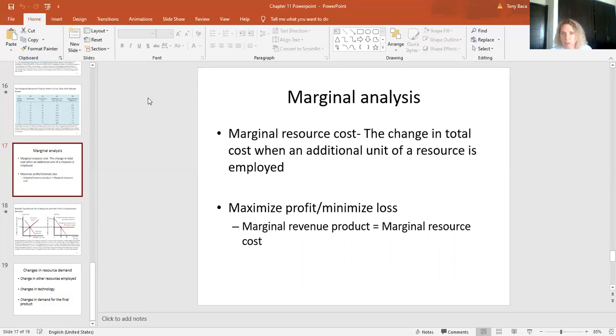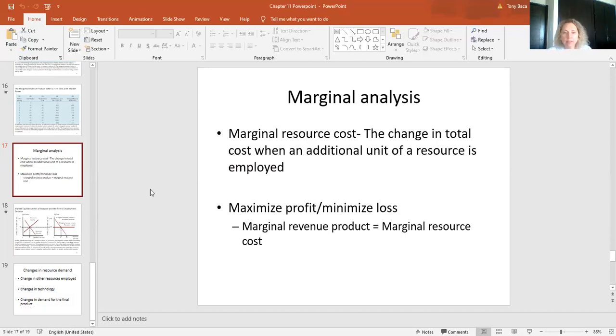Your marginal resource cost, the change in total cost when an additional unit of a resource is employed. So that was that $100 a day that I was talking about in the previous charts. And so doing a comparison between the marginal revenue product of a resource and the marginal resource cost of a resource can actually help you determine profit maximization, but from a different perspective, from a resource perspective.